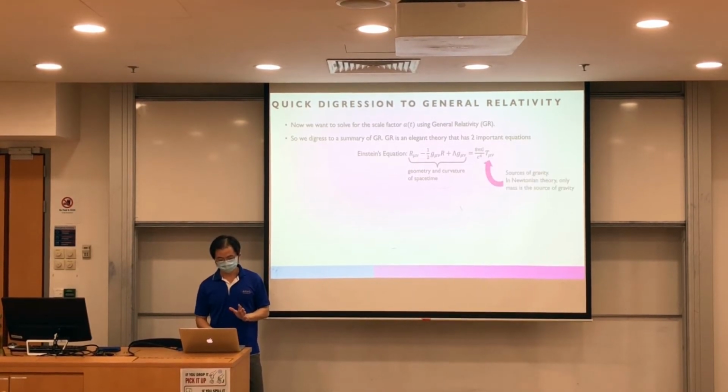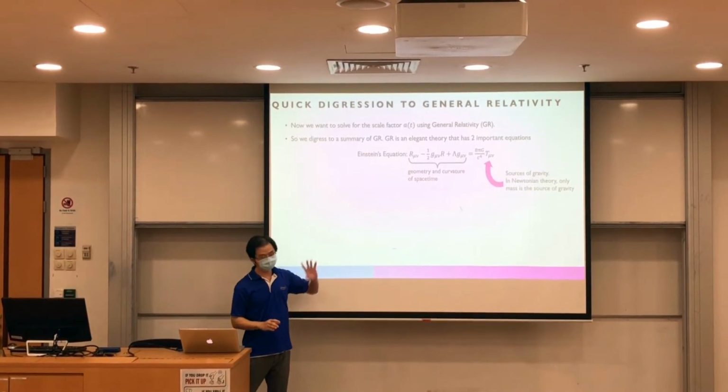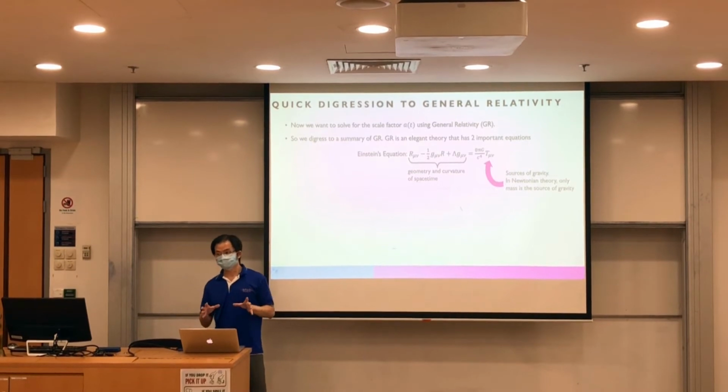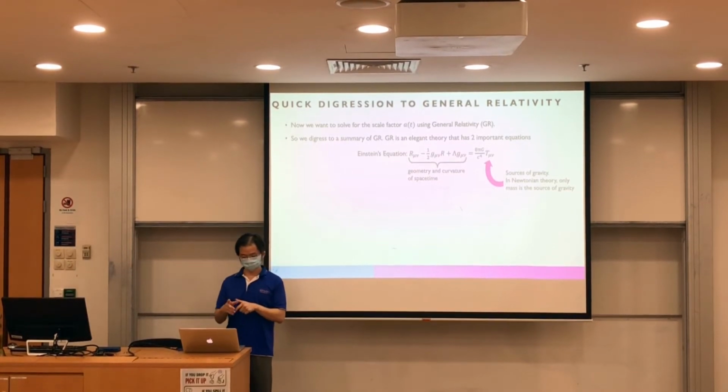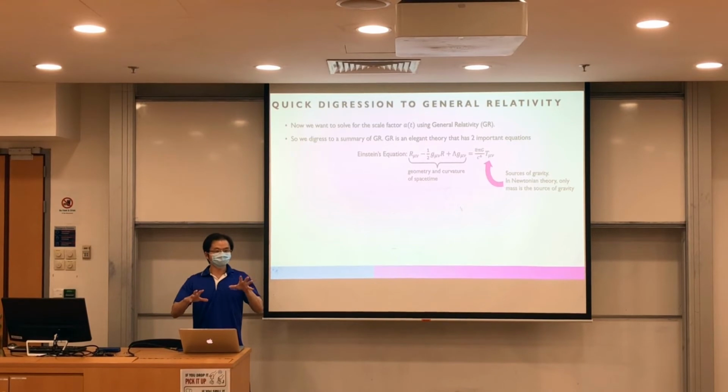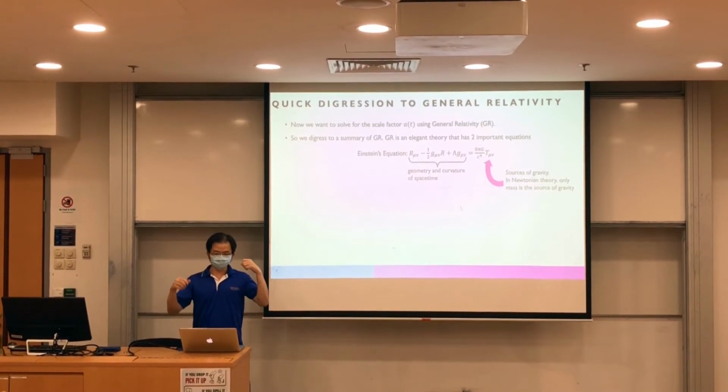The right-hand side, this T thing, is the source of gravity. When you learn about Newton's law of gravity, the source of gravity is just mass. You have mass, you have gravitational attraction. Full stop. Mass, attract, finish.